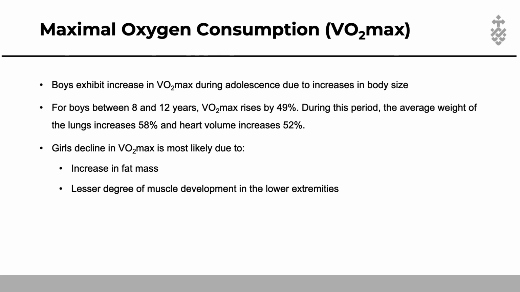So the average decline that we see in the young girls' VO2 max is most likely due to these two key factors: increases in fat mass and a lesser degree of muscle development in the lower extremities. That increase in fat mass occurs during puberty, and the lower amount of muscle means that there's less tissue for oxygen to be consumed, therefore resulting in a lower VO2 max.